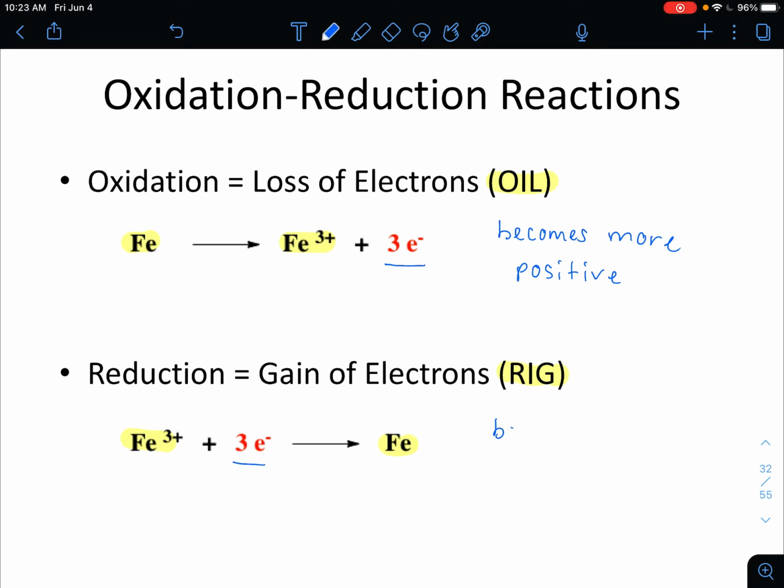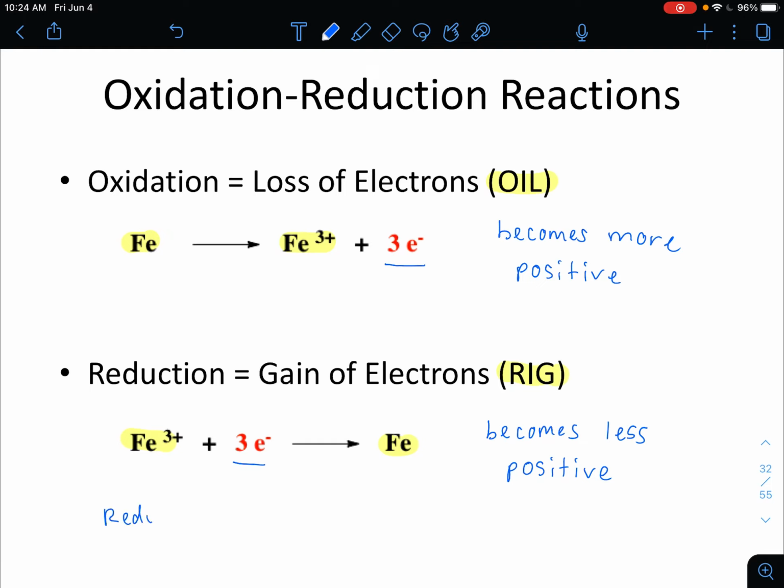So now it becomes less positive. Right, we are gaining electrons to go from plus 3 to neutral. So OIL RIG, oxidation is loss, reduction is gain. That tells us how the electrons are involved.